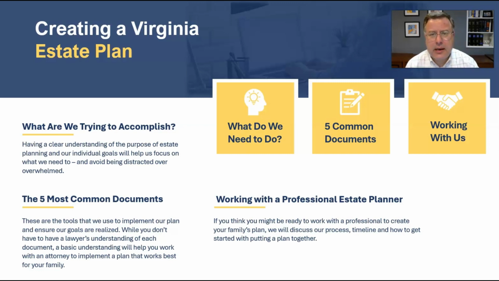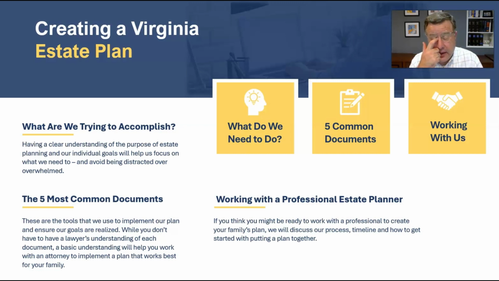The second thing we'll talk about is when we put together an estate plan, how do we do that, right? And what we'll see is there are the 5 most common documents that attorneys will use when we're putting together an estate plan. Now, this is not to say that these documents constitute the entirety of the various kinds of documents people use in estate planning. If you've looked at the internet, I'm sure you've seen there are dozens of different kinds of trusts, all sorts of complicated things out there.